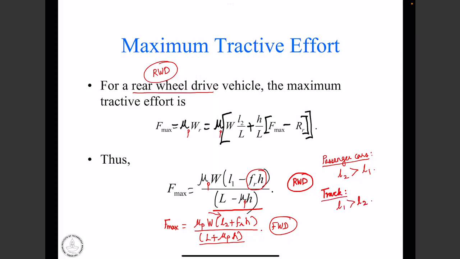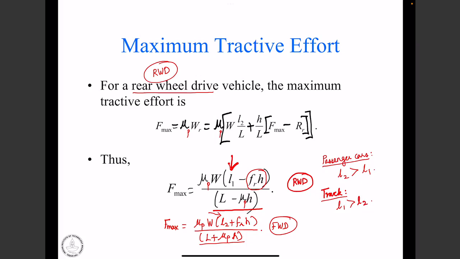So both these factors combined make it more meaningful for us to drive the rear wheels in a truck, because we are going to have much more potential for tractive force in the rear wheels when compared to the front wheels in a truck or a bus. So that is why we drive that.